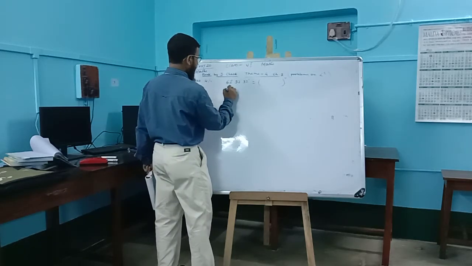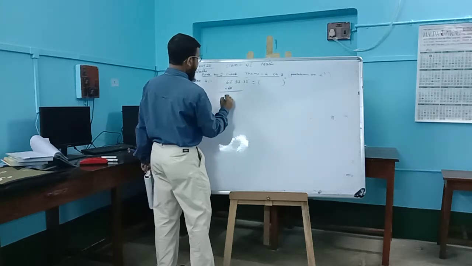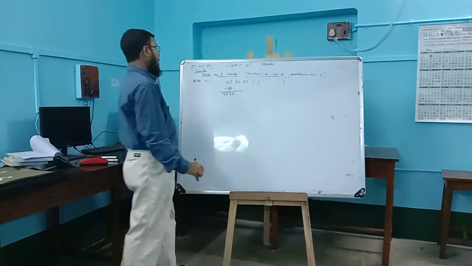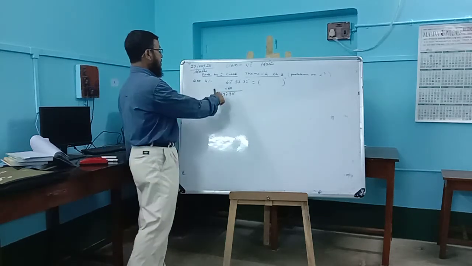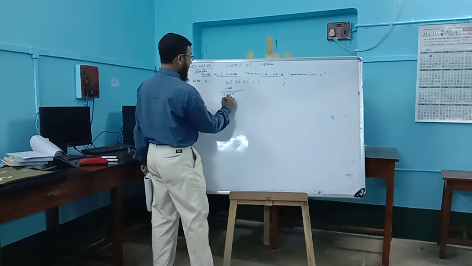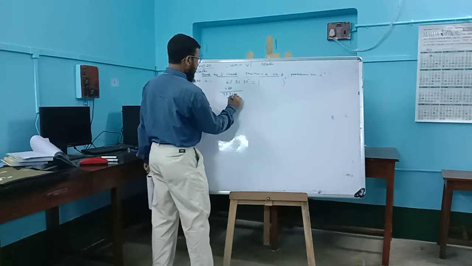Multiply 62 by 60. It will be 3720 minutes. Add 32 minutes.